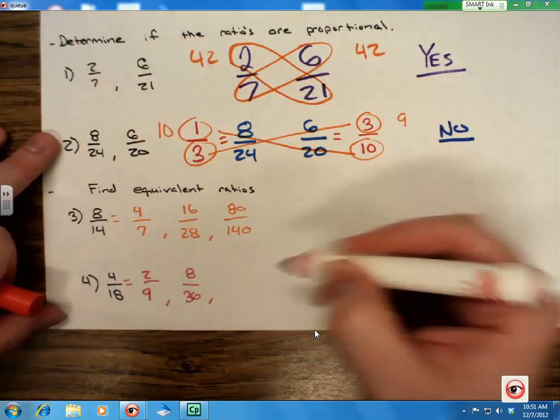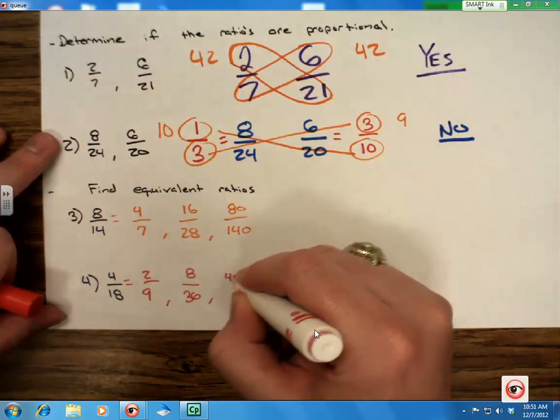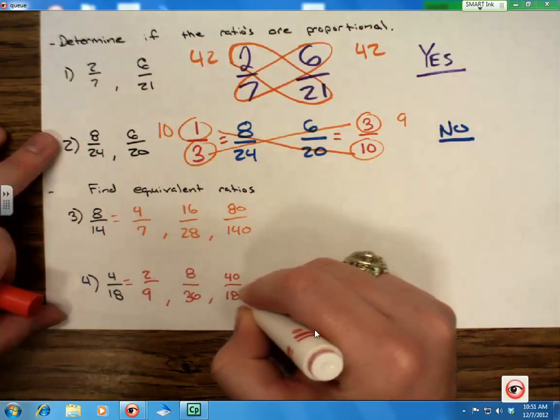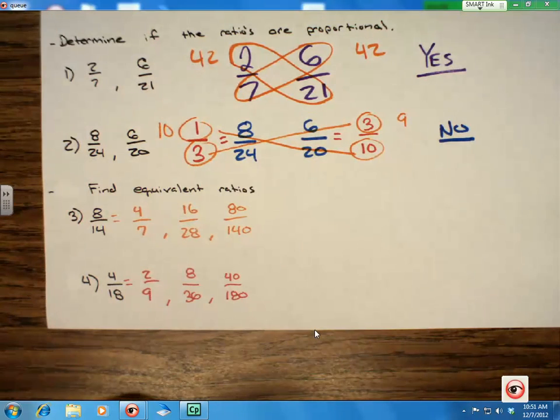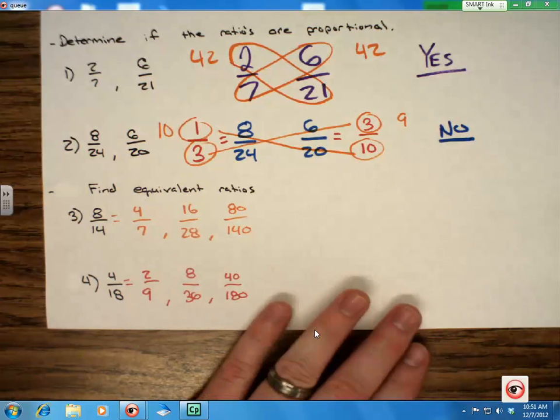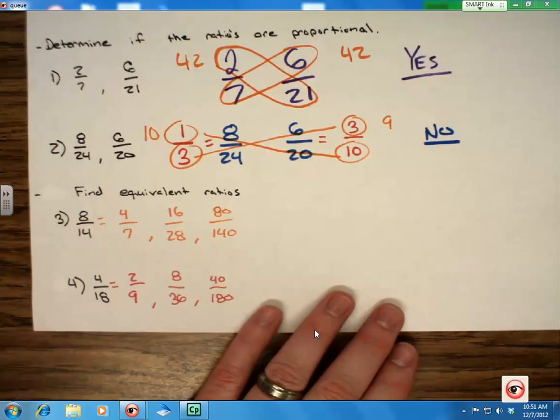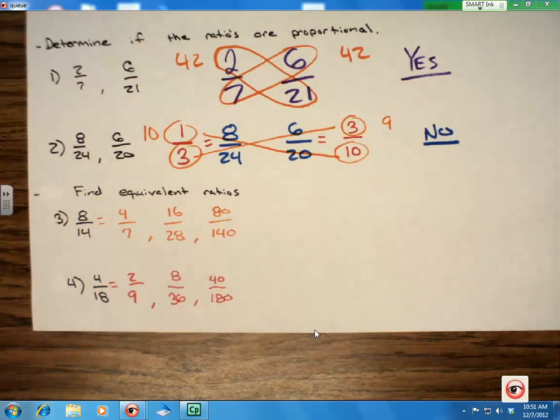We can multiply it even times 10, which would give us 40 over 180. Again, all of those are equivalent ratios. Okay, and that's what we're looking for on our assignment today.